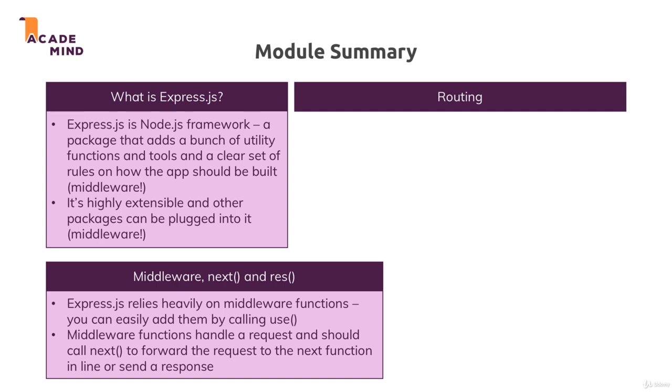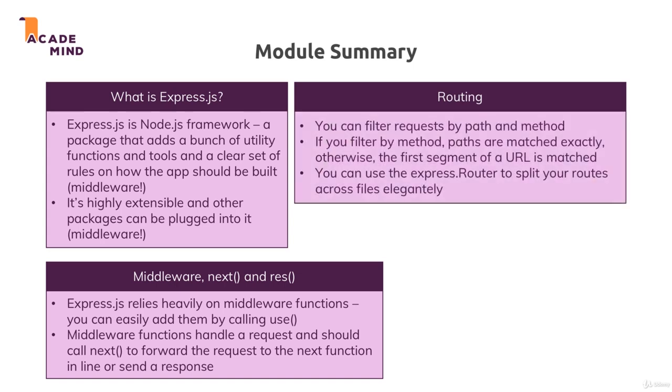and method you're sending. You learned that you can filter requests by path and method easily with app.use by adding a path, or app.get, app.post. And that if you filter by method, like if you had app.get, that the paths would then be matched exactly.